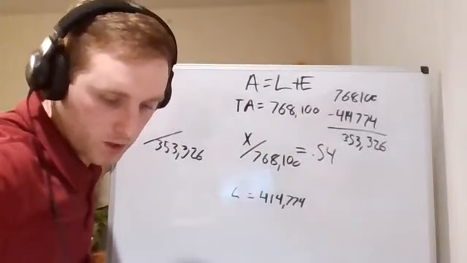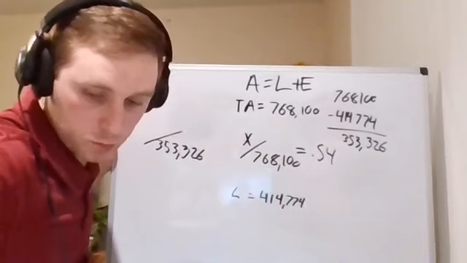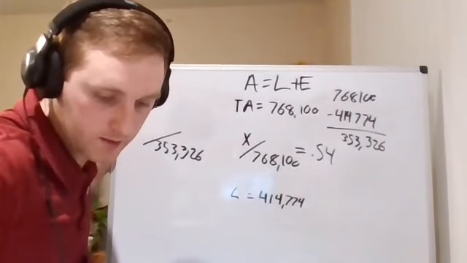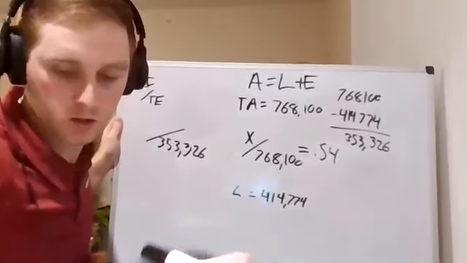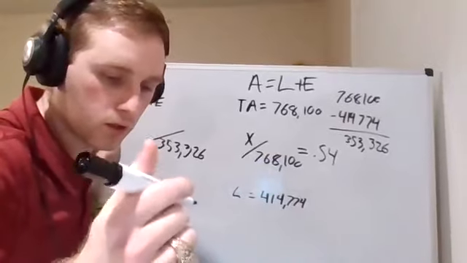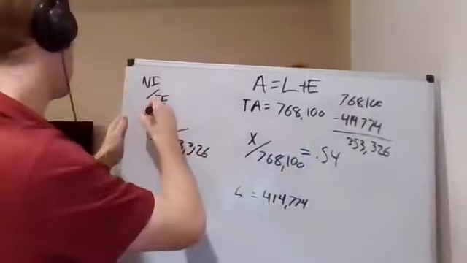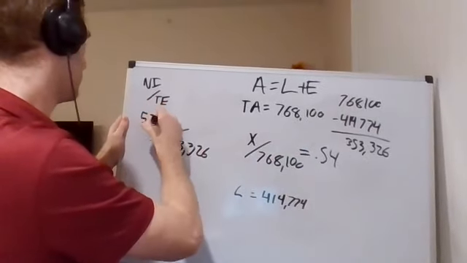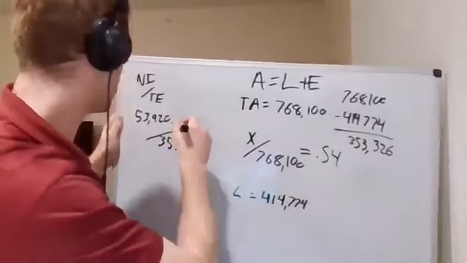So I'll do 807,200 times 0.0668 for the profit margin, and that gives me 53,920.96.